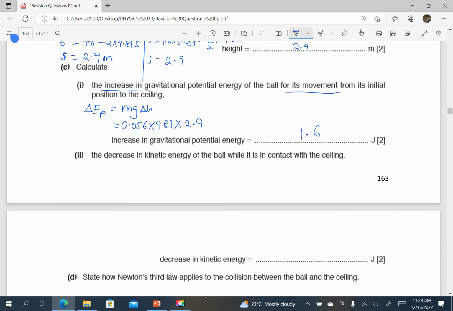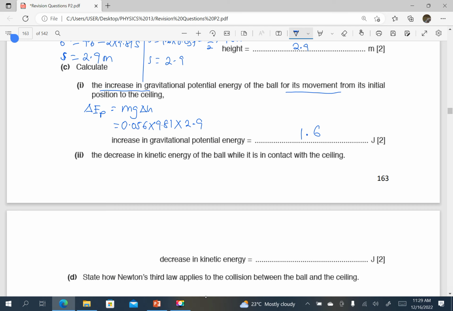Calculate the decrease in kinetic energy of the ball while it is in contact with the ceiling. So for the decrease in kinetic energy while it is in contact with the ceiling, we shall just look at the kinetic energy when it arrives at the ceiling and the kinetic energy when it leaves the ceiling.